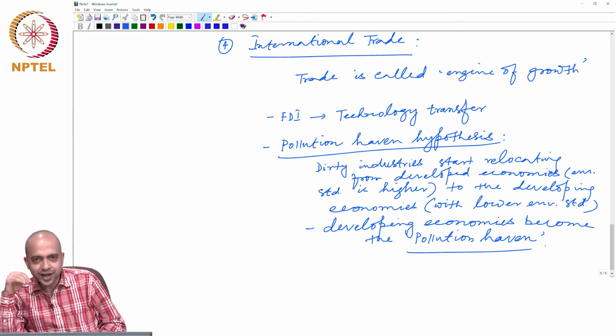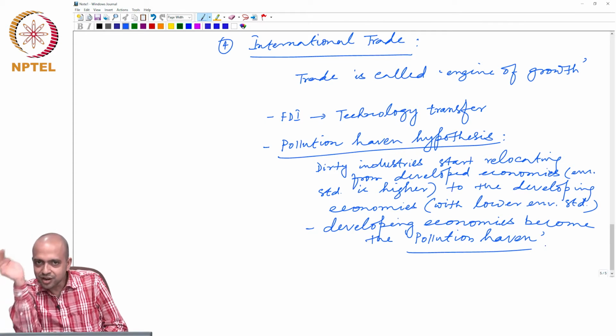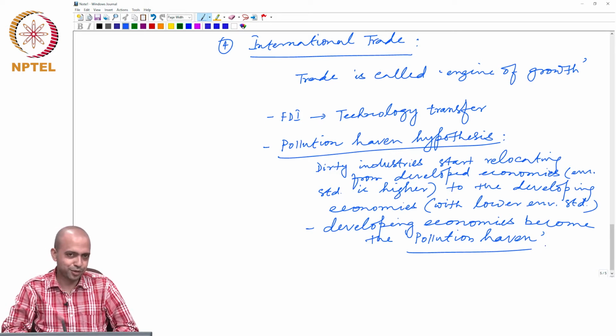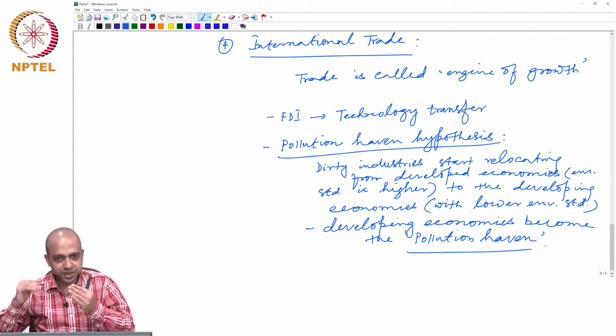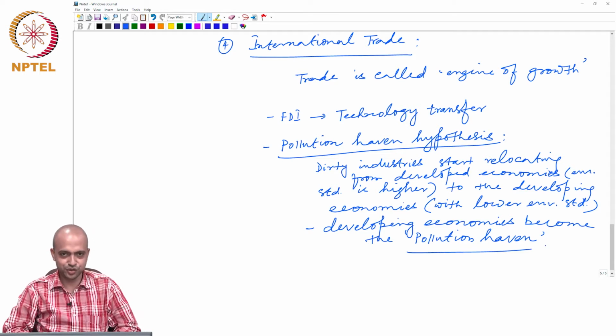So at a higher level of income, when the developed nations start relocating the dirty industries to the developing economies, because these developing economies' environmental standard is low, these developing economies become a pollution haven. So pollution also shifts from the high income developed nations to the low income developing nations.